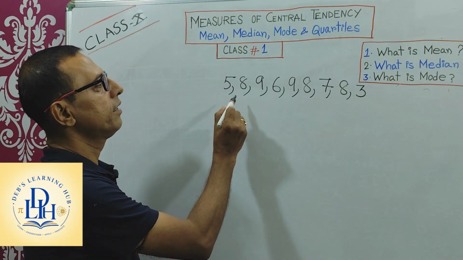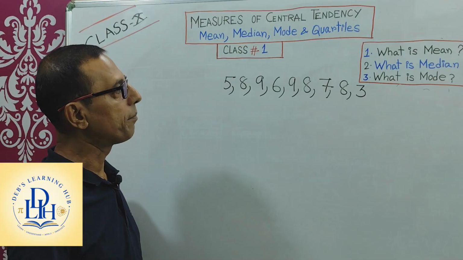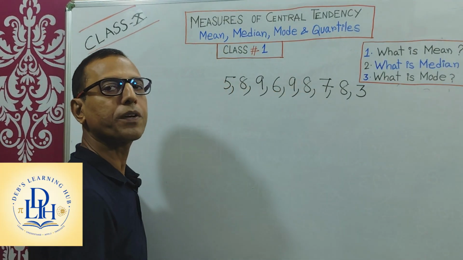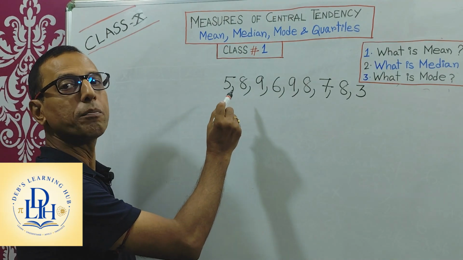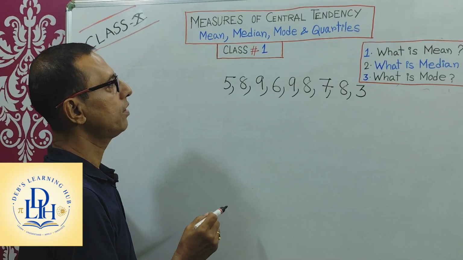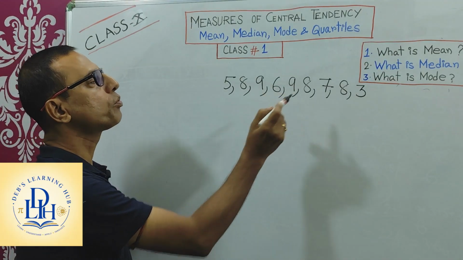Let's say there is a quiz competition. The total grade is 10. Out of 10, these are the marks obtained by the students, right? So how many students are there?